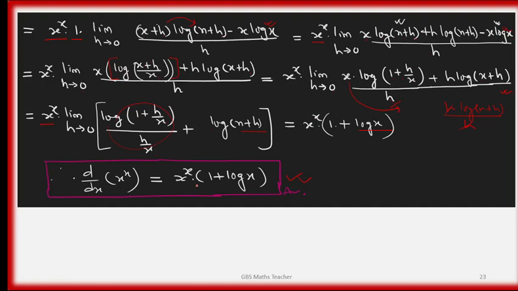You can expand (x plus h) whole square as x square plus 2hx plus h square, and this minus x square, and this minus 1 by h. The x squares cancel, leaving 2 to the power 2xh plus h square, minus 1, by h.